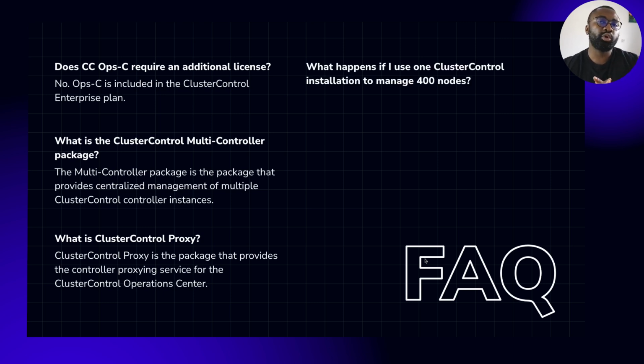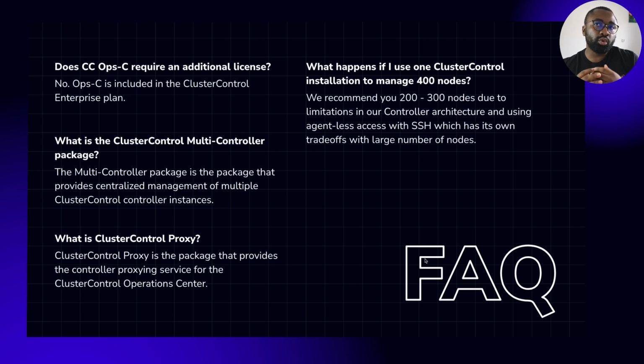Then the next question is, what happens if I use one cluster control installation to manage, as we talked about at the beginning, a single cluster control instance comfortably managing 200 to 300 nodes? So what happens if you go above 300 nodes?